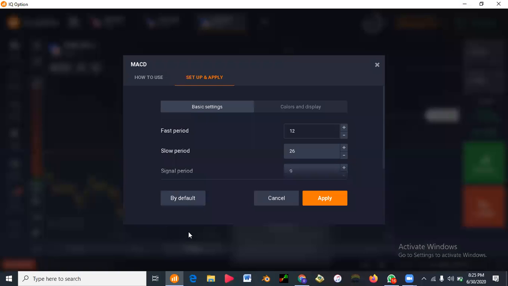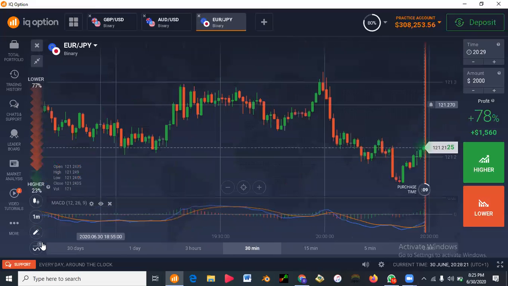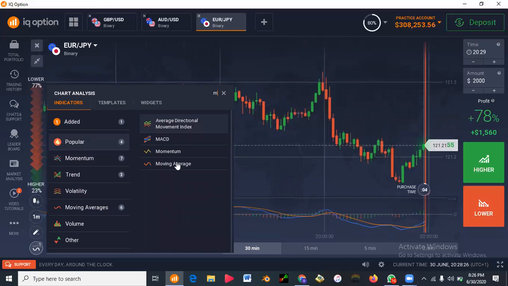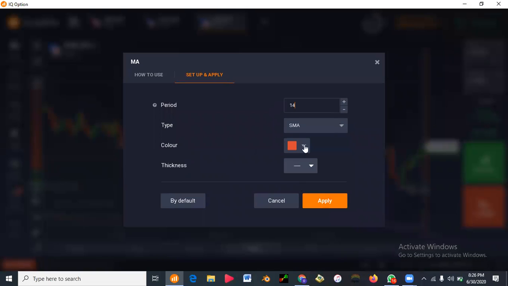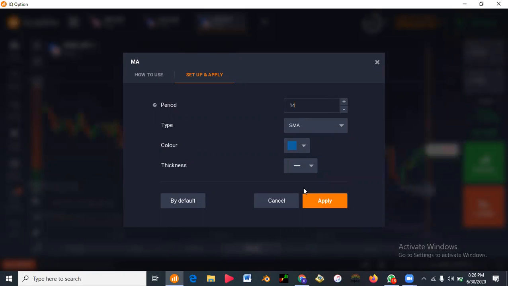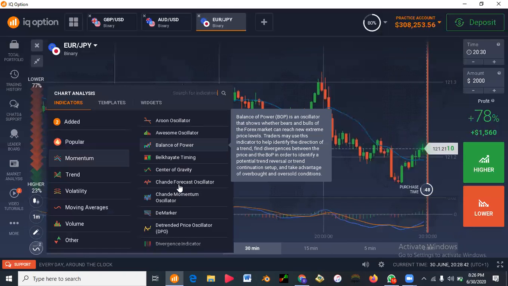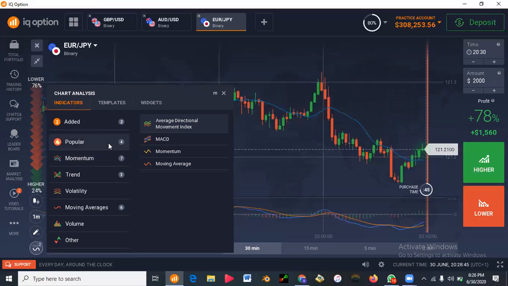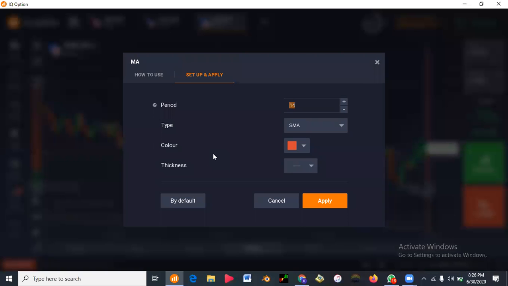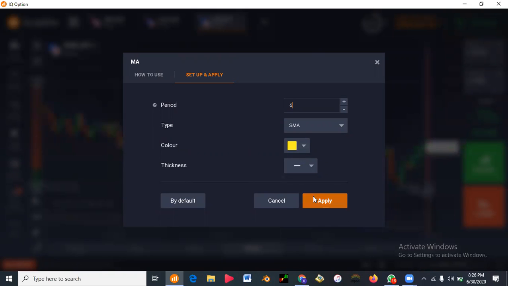You leave your MACD as default. You add your moving average of... Don't forget, it's always simple moving average.